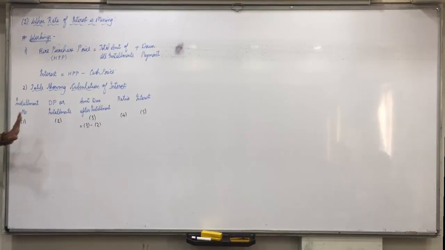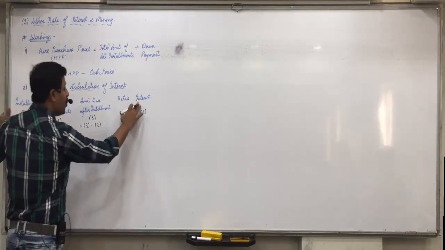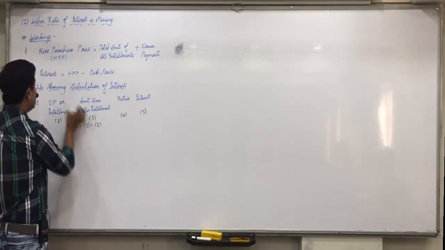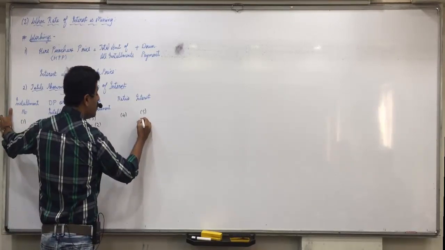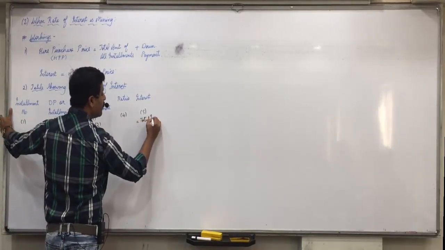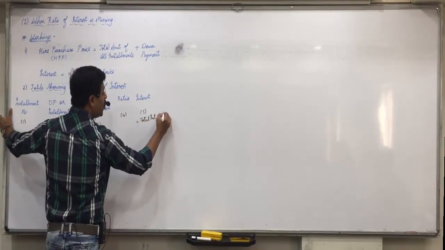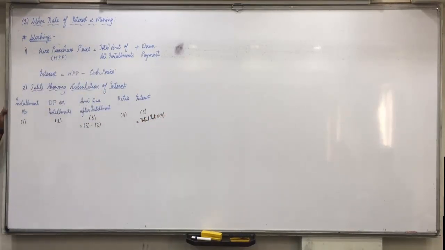How will we obtain the ratio from the installments, and how will we get the amount of interest? Interest will be obtained in this ratio. Whatever is the total interest, we'll distribute it in this particular ratio, that is, total interest into the ratio obtained in column 4. So make these columns, everyone.